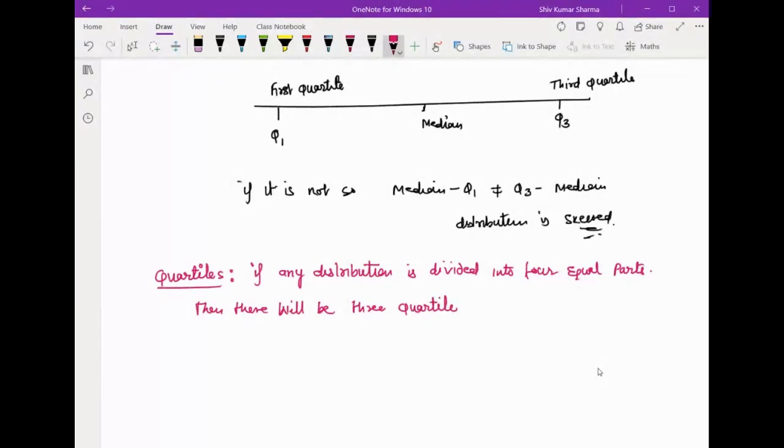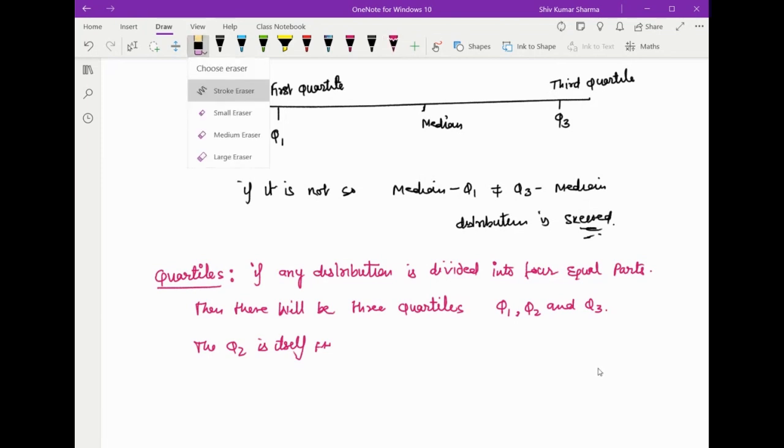Any distribution divided into 4 equal parts will have 3 quartiles. We denote them as quartile 1, quartile 2, and quartile 3. Quartile 2 is itself the median.